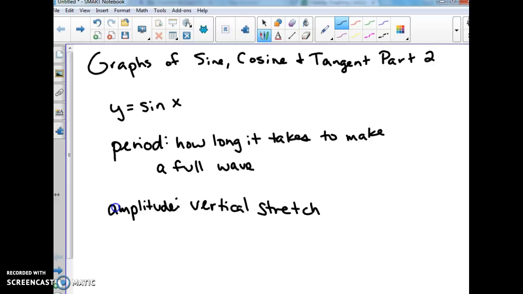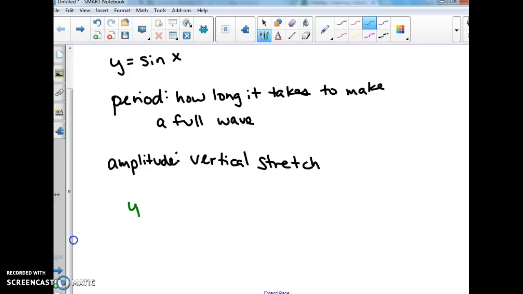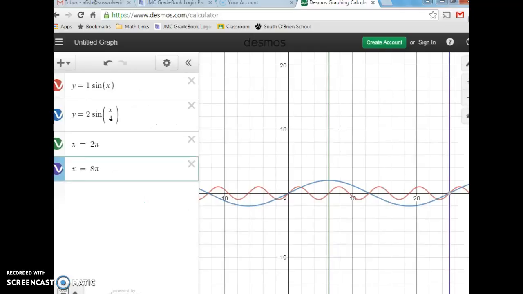So now we're going to look at a generic formula here to help us figure out which one's which. When we had y equals b sine x over a, our period length, determining how long it takes to make a full wave, we had to take that bottom number and multiply it to the 2 pi.